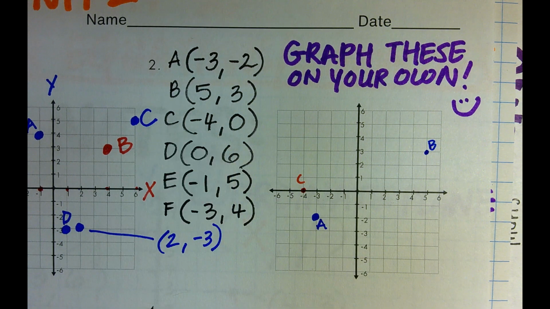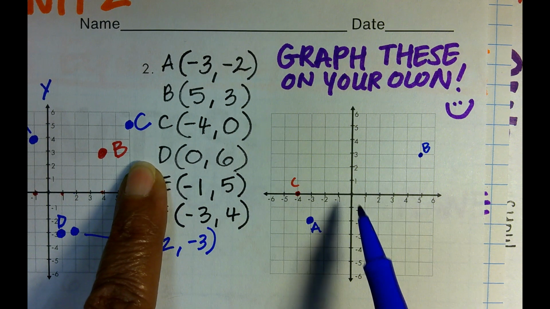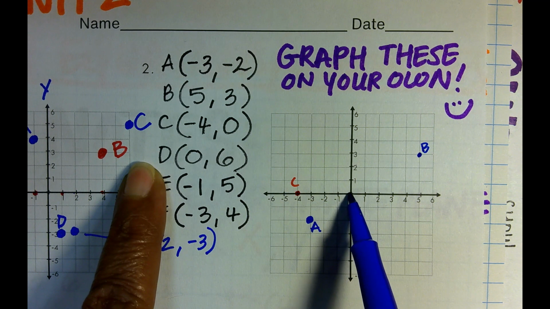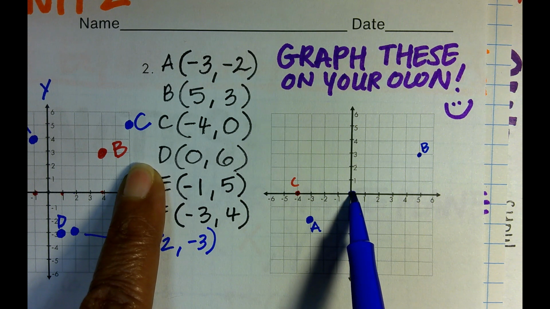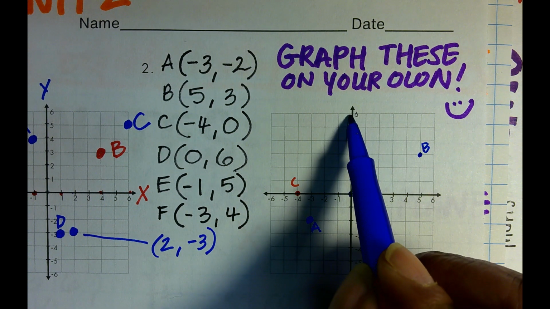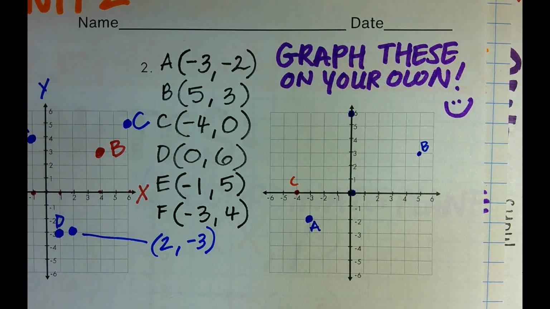Oh, point D, my bad. It'll be 0, 6. Okay, thanks, guys. Y'all gotta keep me on track. 0 is here, and then I go up 6. I know, these graphs are kind of tiny. Perfect. Was she right? Yep. She's correct. That's point D.